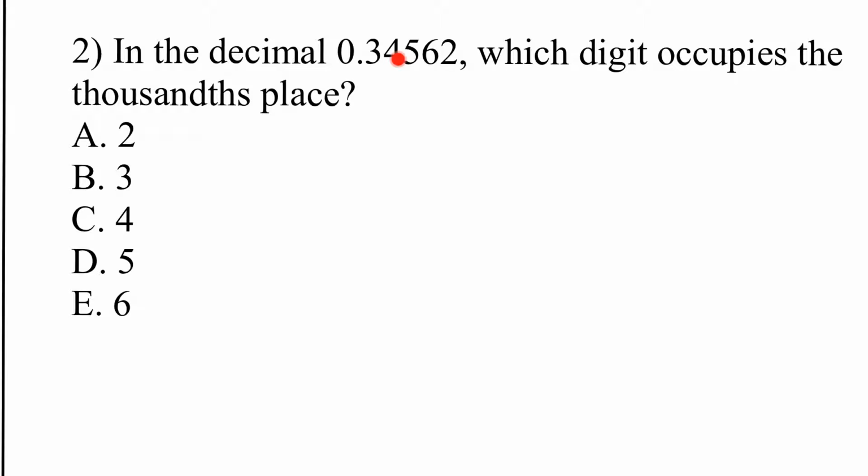Well, tens, hundreds, thousands, 10,000s, 100,000s. So we would say this is 34,562 100,000ths. Which digit occupies the thousands place? Tens, hundreds, thousands. The 5 represents the thousands place.